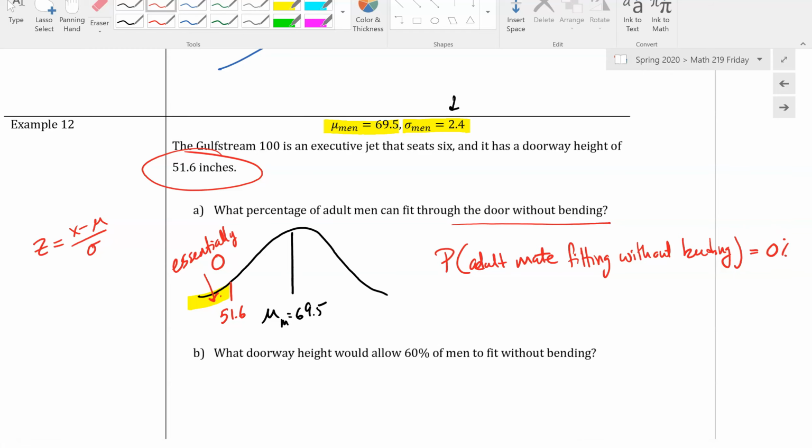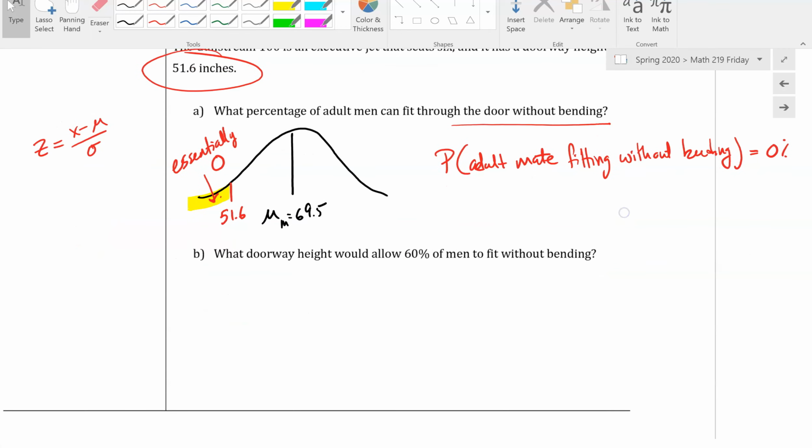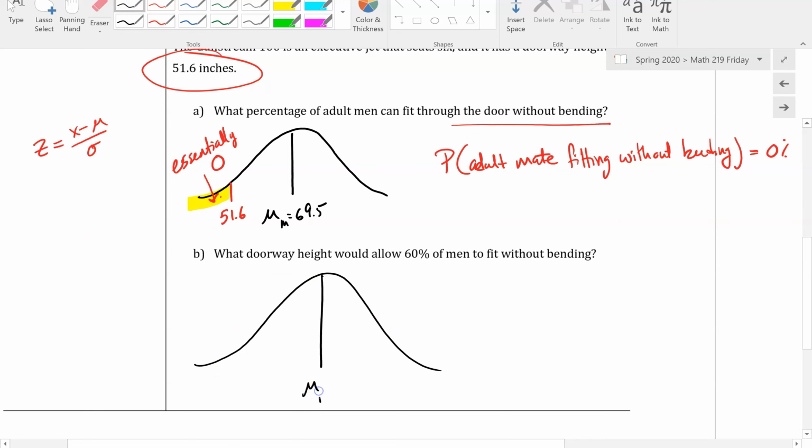Okay, so the last question, and I'm excited because this video was long. The last question says, for the same scenario, the mean height of men is 69.5. What doorway height would allow 60% of the men to fit without bending? So what is the doorway height that's going to let 60% of men fit without bending? Let's think about where that height would be.